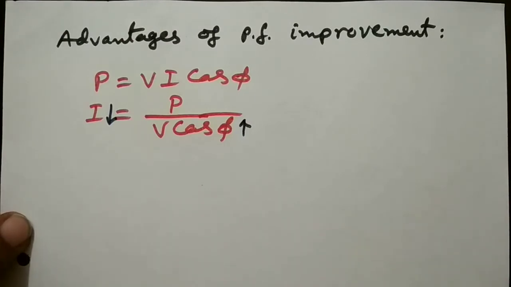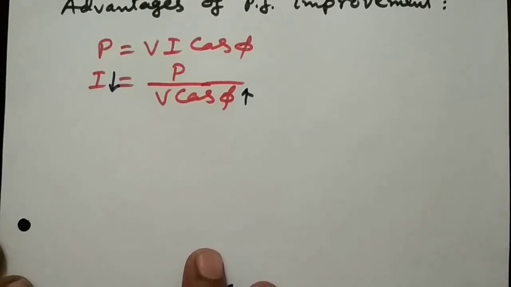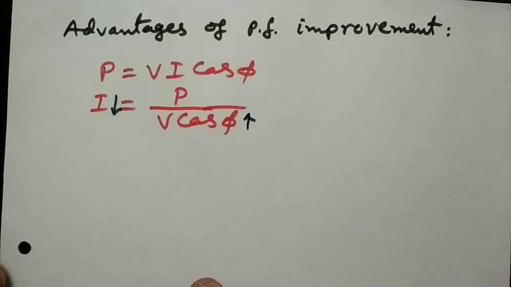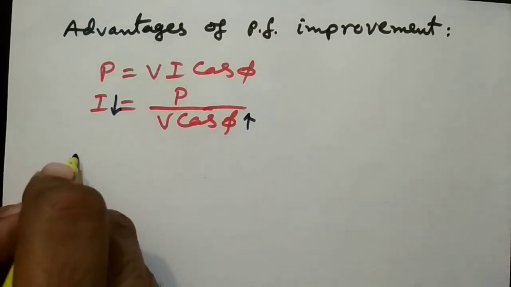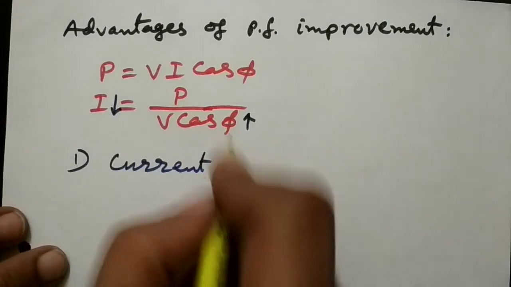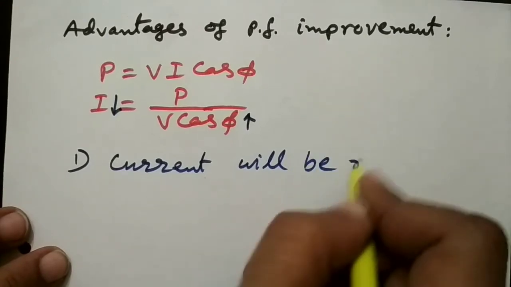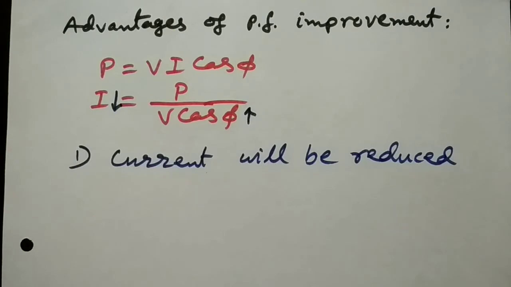Therefore, if the power factor of the supply or the power station is raised to unity, then the current for the same amount of power to be supplied is reduced to minimum. So the first advantage is the current will be reduced.